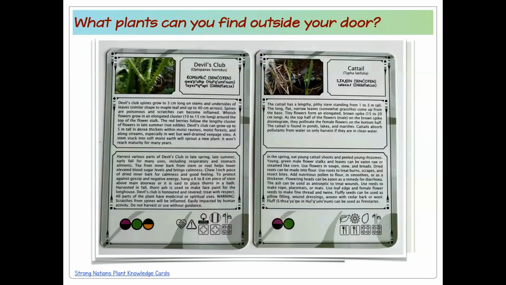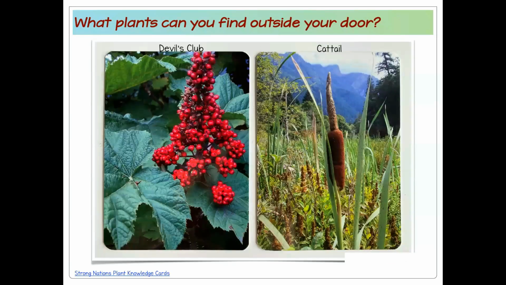And then we can provide more information as teachers, that the information is on the back, describing more about the Devil's Club and more of a description and how it can be used in different ways. So lovely way to introduce our students to different things in our area.